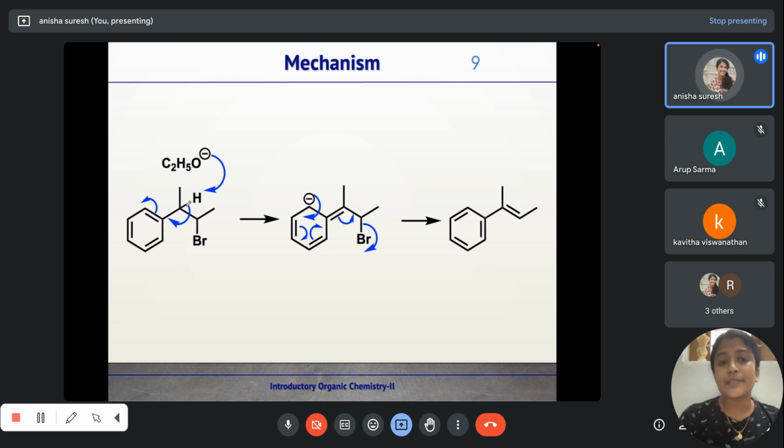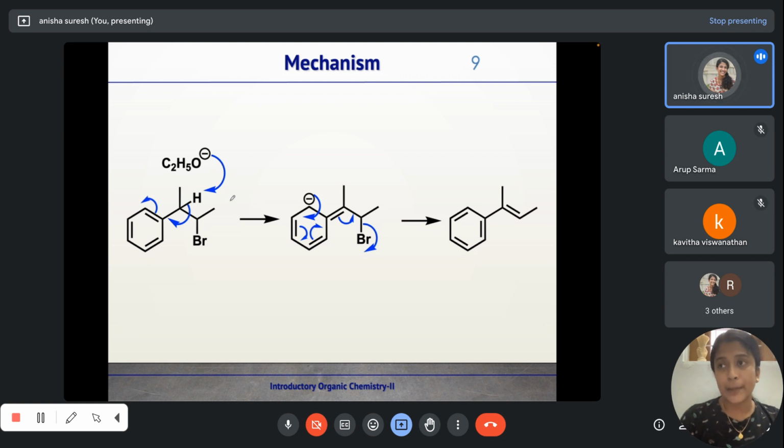So this will be the acidic proton. The benzylic proton will be the acidic proton. The ethoxide anion will abstract this acidic proton, resulting in the formation of this anion. This anion can resonate in this whole system as we are seeing here. So this will be the first step of the E1cB reaction, which is the fast step.